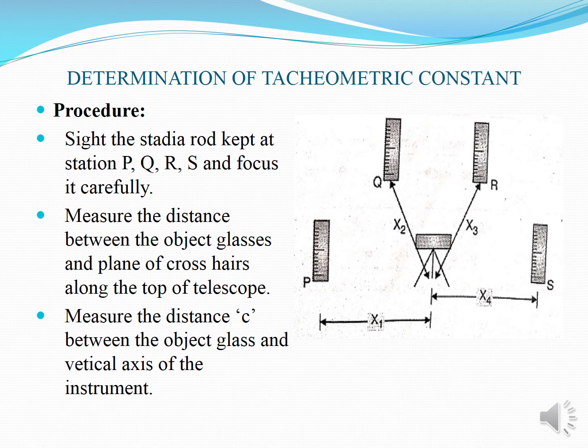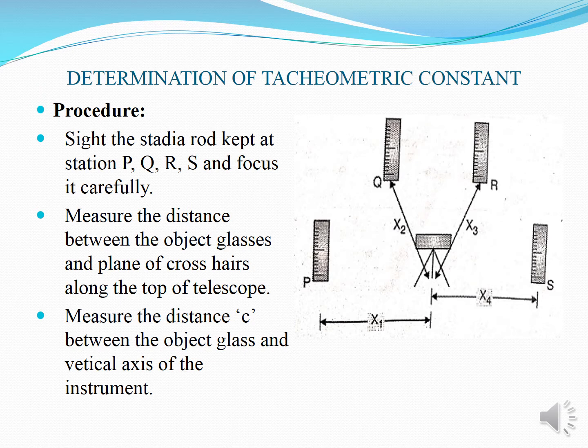In that we saw the horizontal and vertical distances. By using the equation of horizontal distance and taking those two tachometric constants, we can calculate the horizontal and vertical distances.